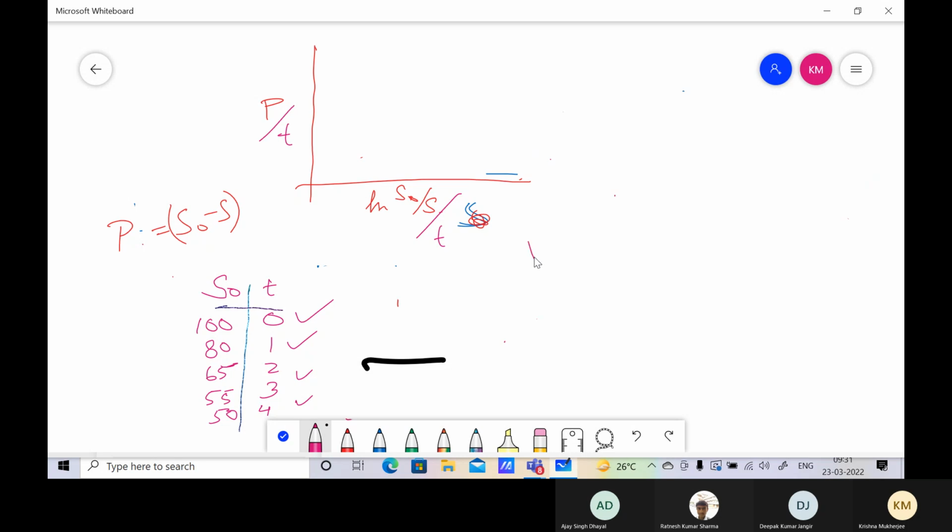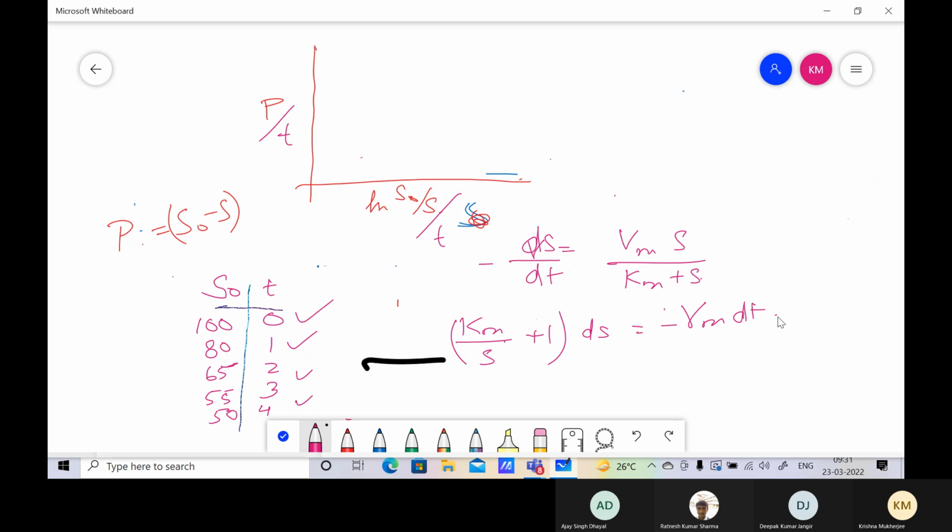We had minus ds by dt is equal to Vmax S upon Km plus S. So we had Km by S plus 1 ds is equal to minus Vm dt.